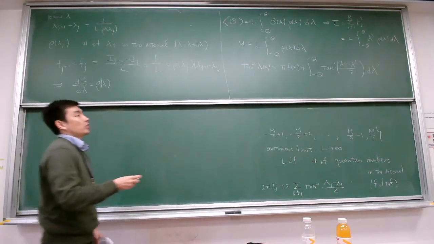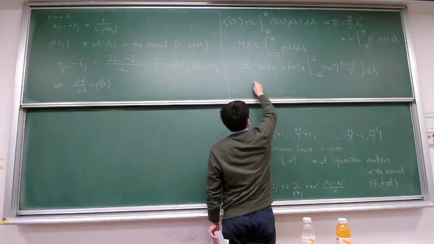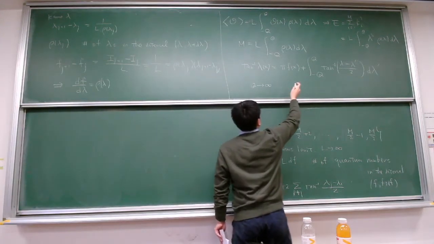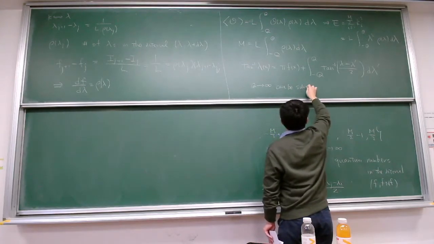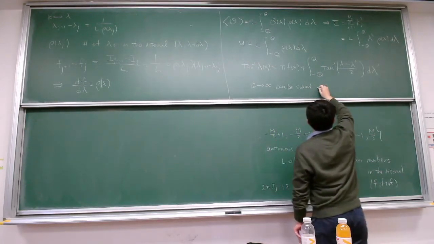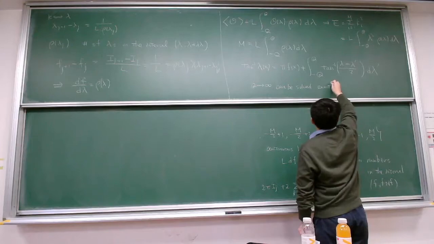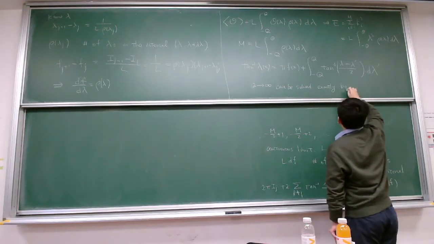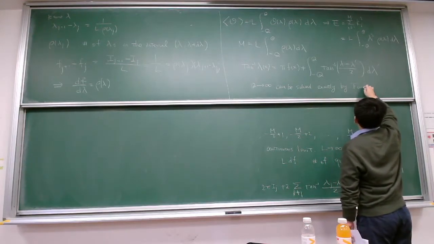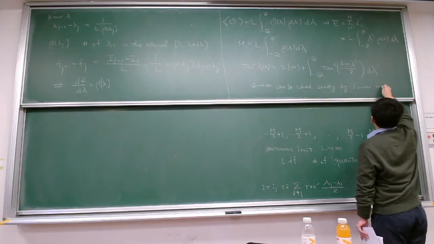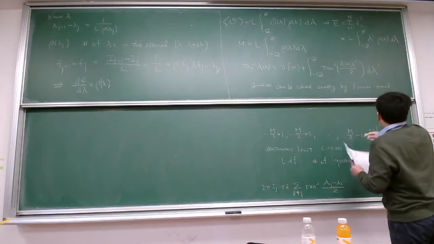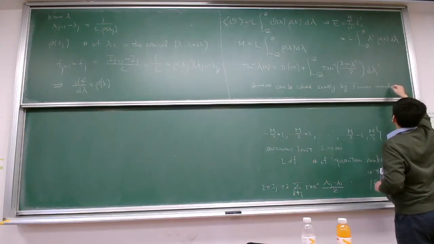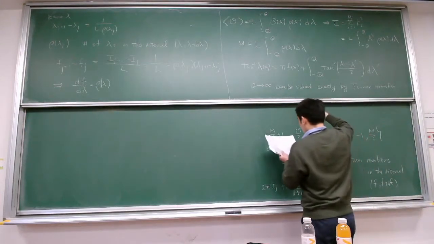One can just set Q goes to infinity first. When Q goes to infinity, this can be solved exactly by Fourier transformation. This was done by Fulton.